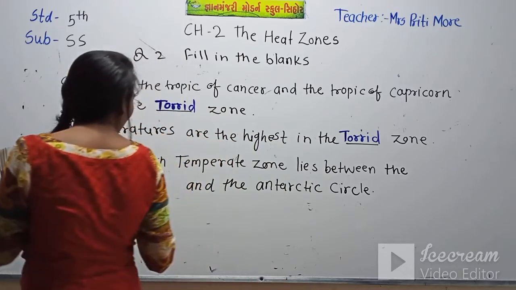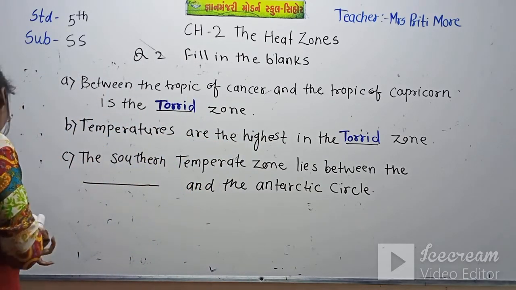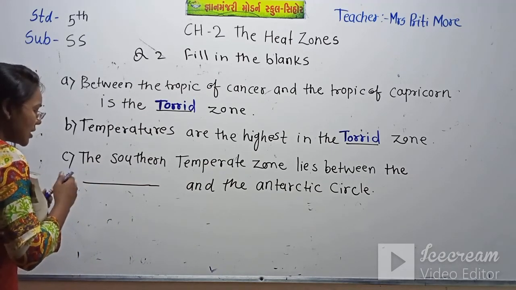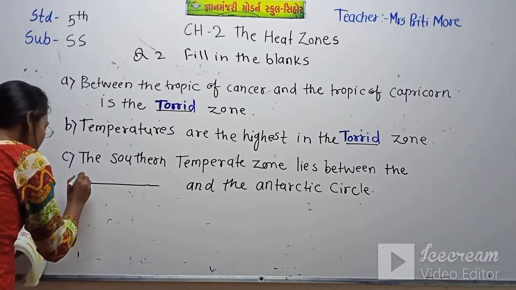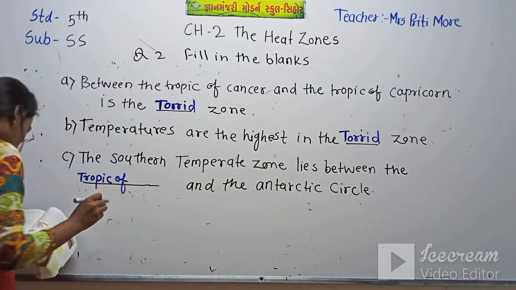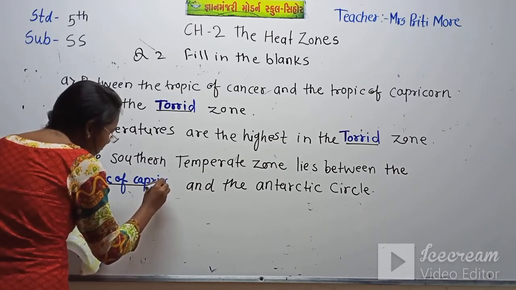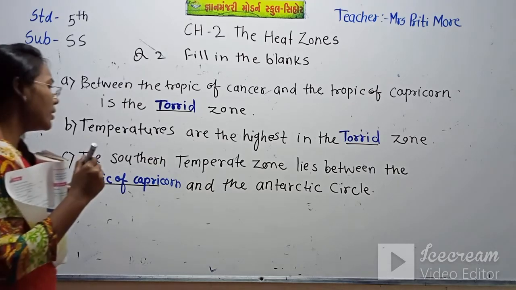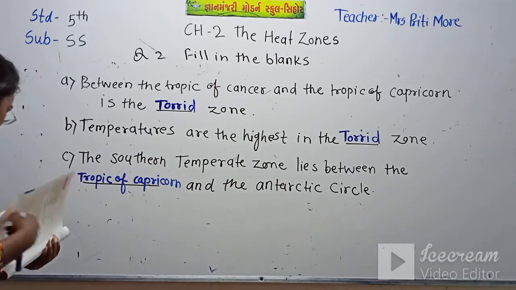Which zone is there? Tropic of Capricorn. So the answer is Tropic of Capricorn and the Antarctic circle.